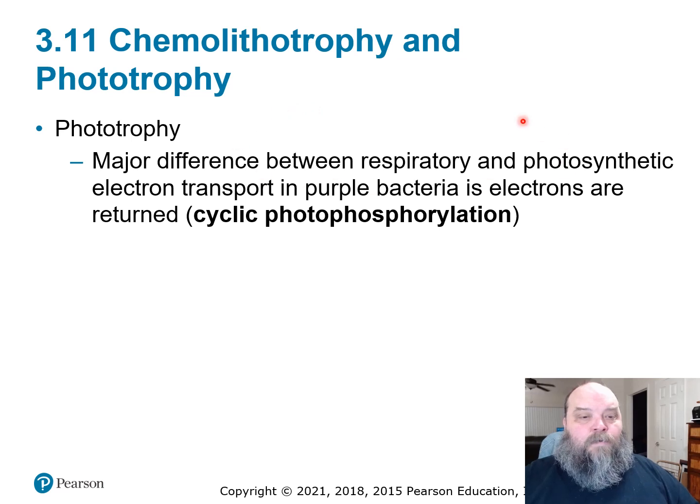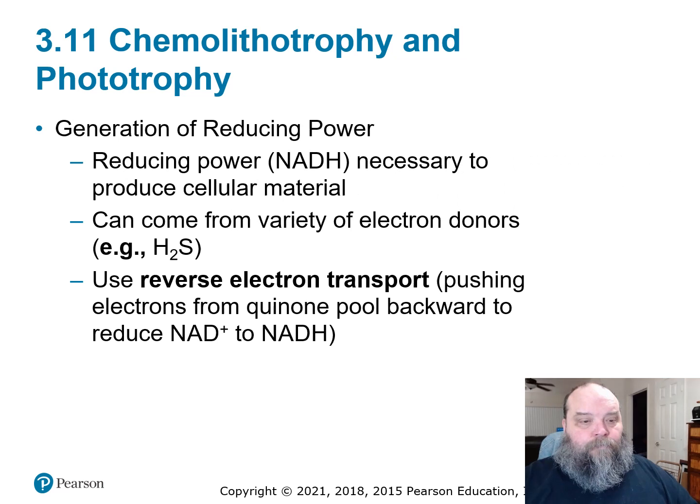You do not see this with normal respiratory organisms. Okay, there's going to be a final electron acceptor of oxygen, sulfur, nitrogen, or something like that. Yeah, I've already talked about many of this, so I'm not going to.